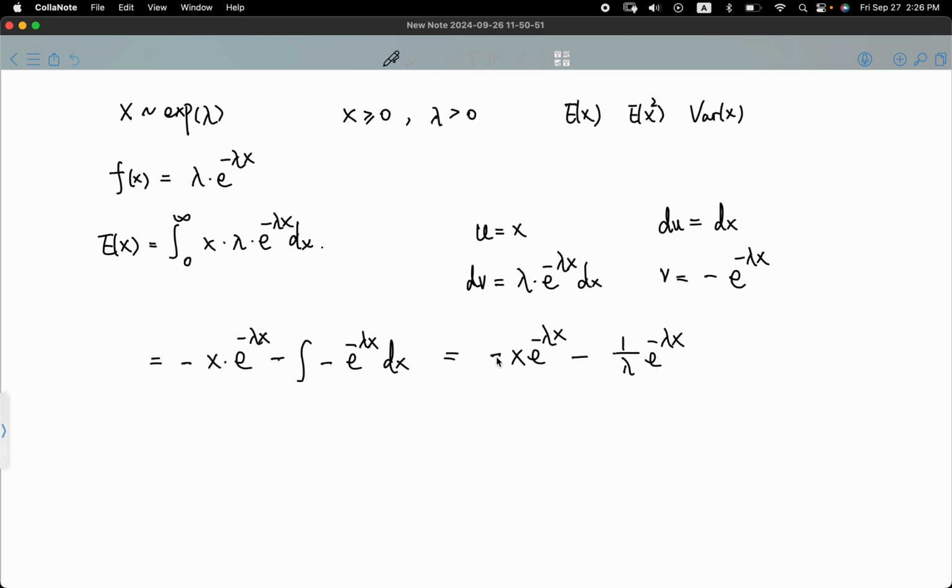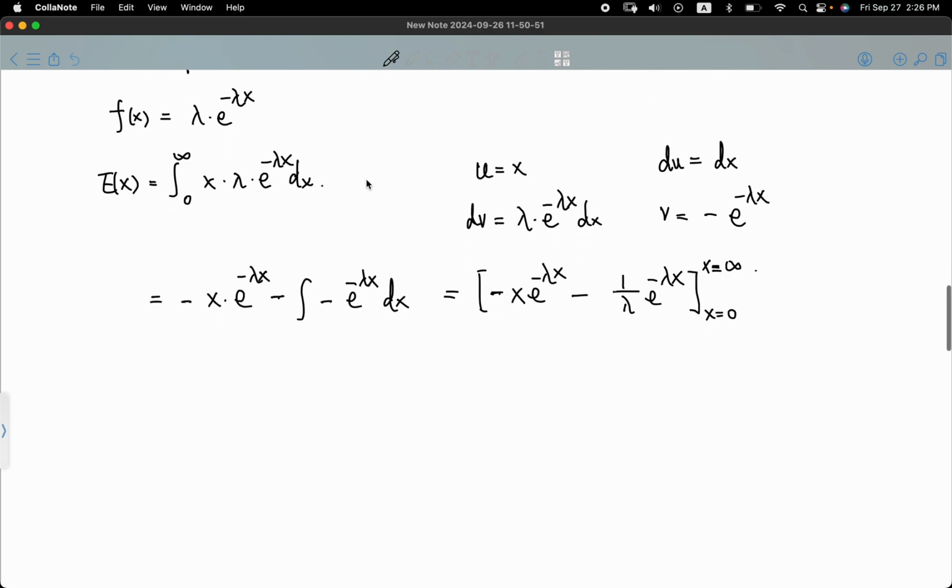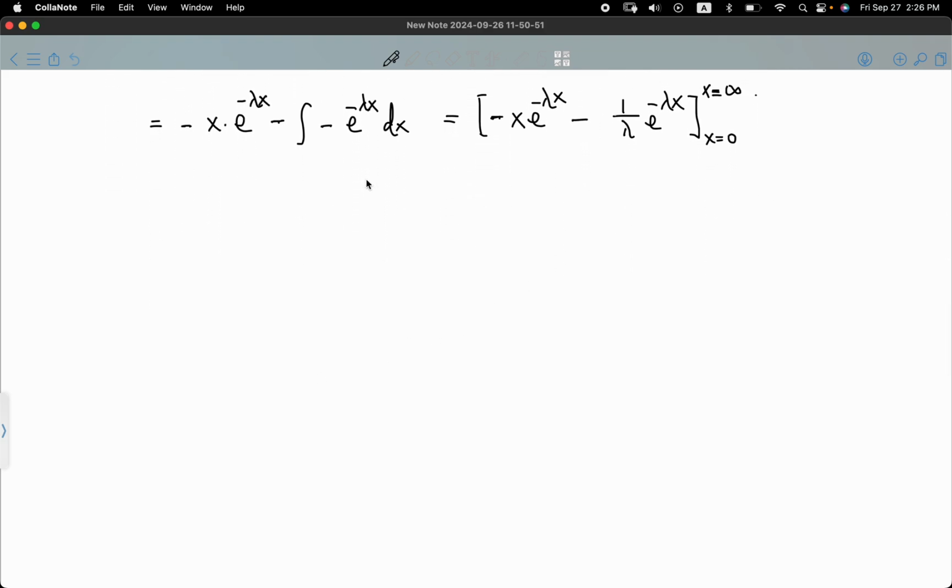Okay, so this is our final form, and we need to evaluate the integral for x from 0 to infinity. So for that, let's write down one more line to make it easier, more specifically in the form of a fraction.